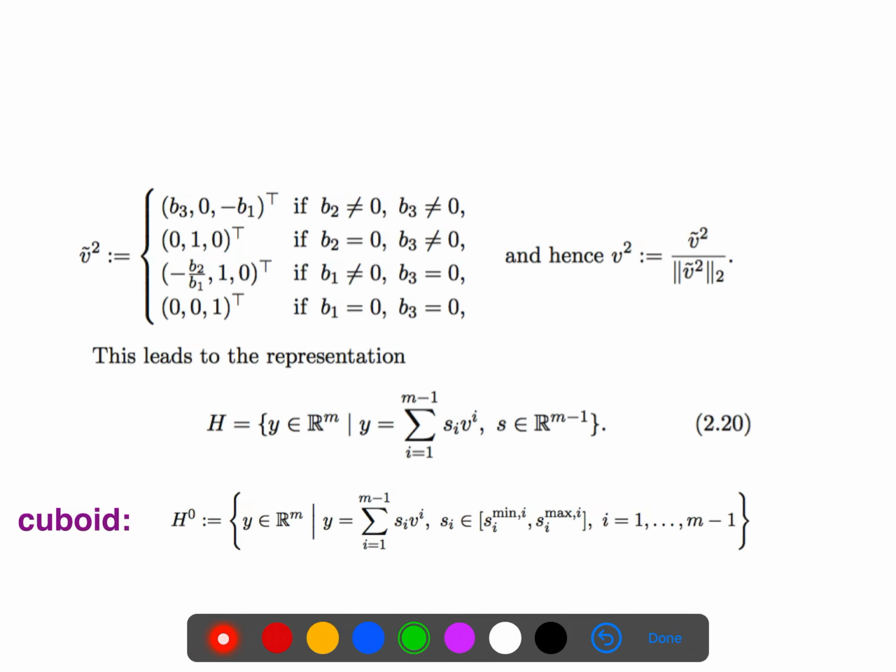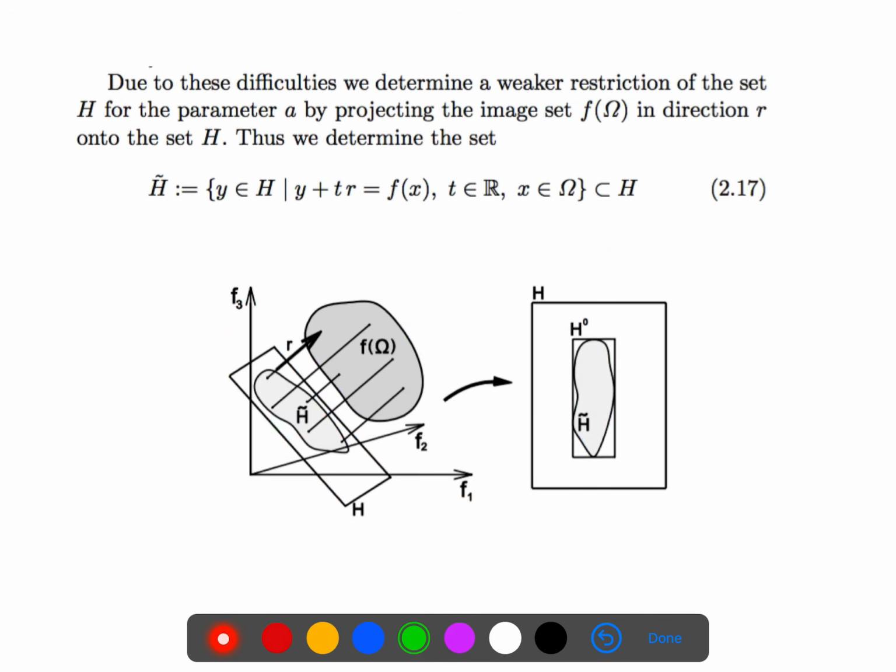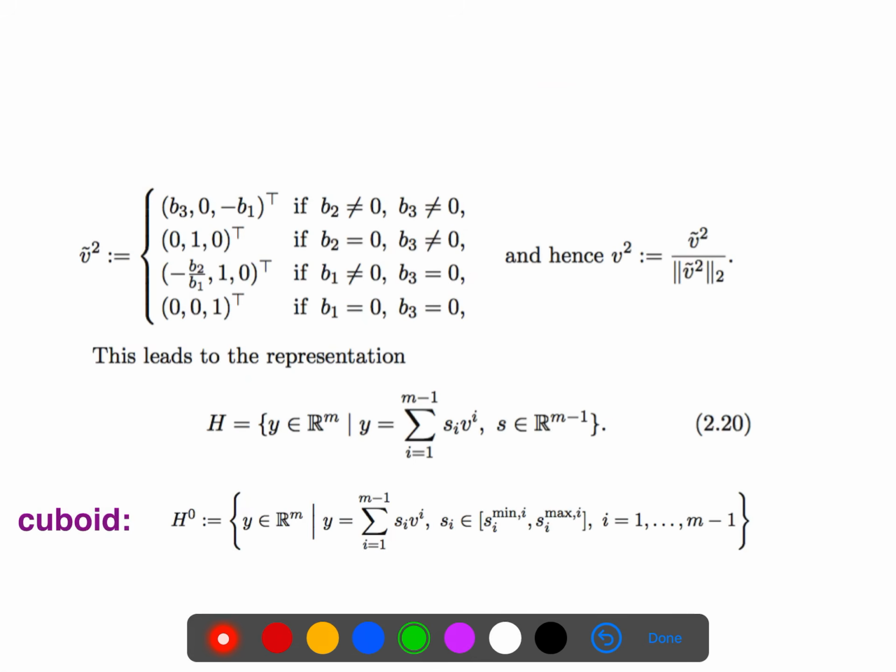So you need to know the lower and upper bounds, S1 min and S1 max, for example, in dimension 1, and S2 min and S2 max in dimension 2. So you are trying to bound it, and that's why these things are talked about. These S min and S max all define a cuboid.